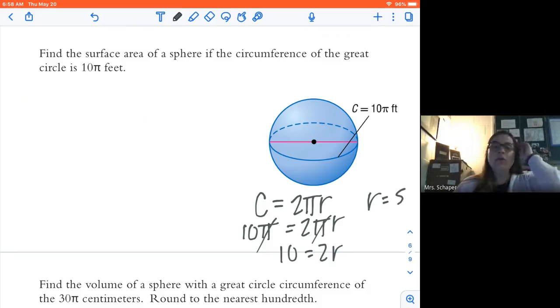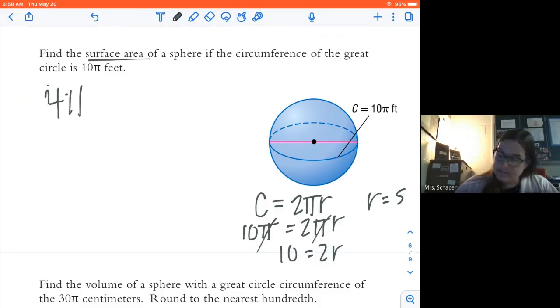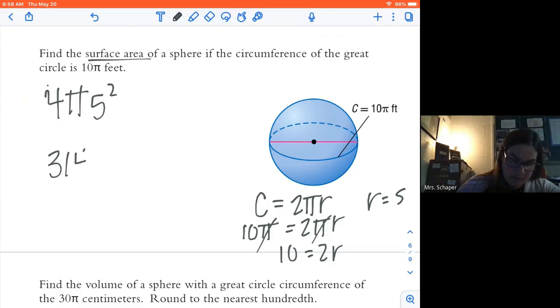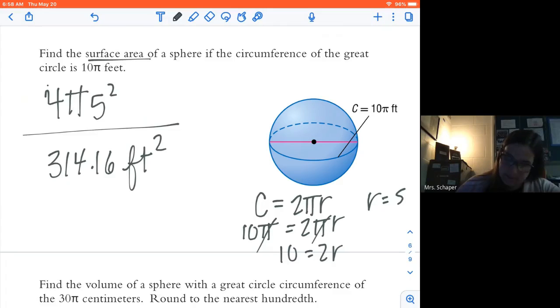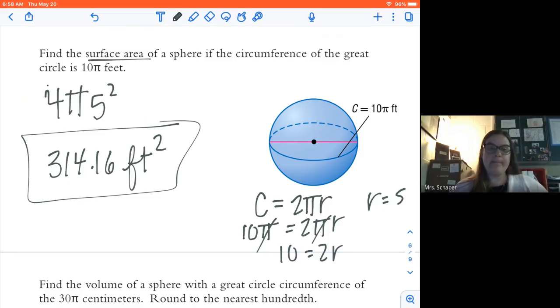Substituting that in, the surface area is 4 pi times 5 squared, which gives a surface area of 314.16 feet squared.